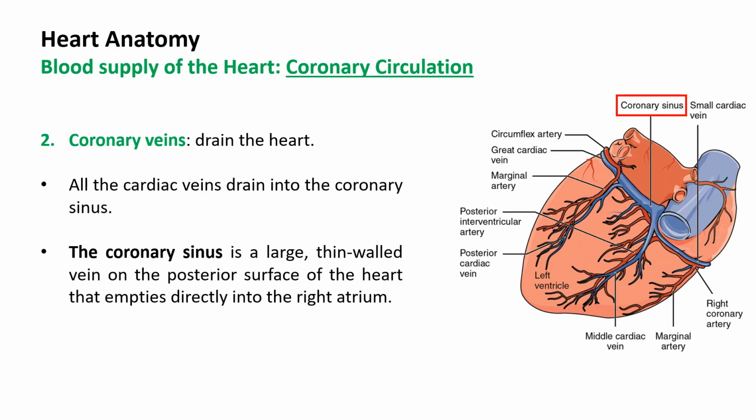We know that your tissues, your organs receive blood through arteries, and they return blood through veins. So the same thing happens with the heart. The good thing is that you don't have to memorize all the veins, okay, cardiac veins or marginal veins, etc. of the heart.